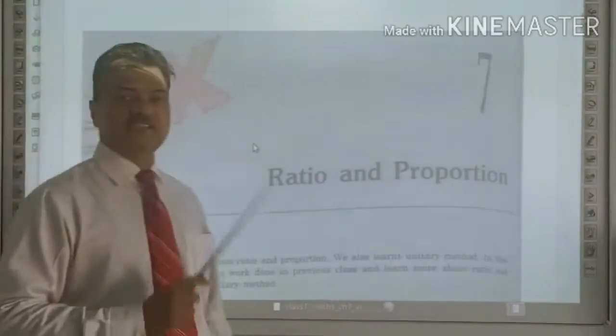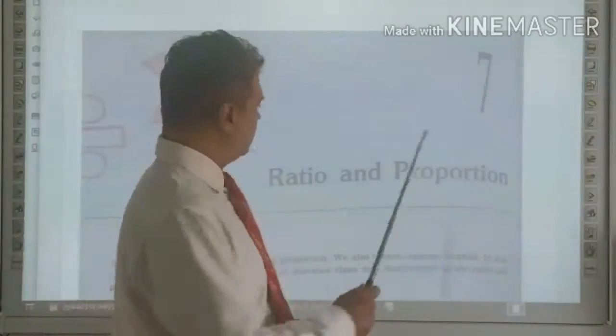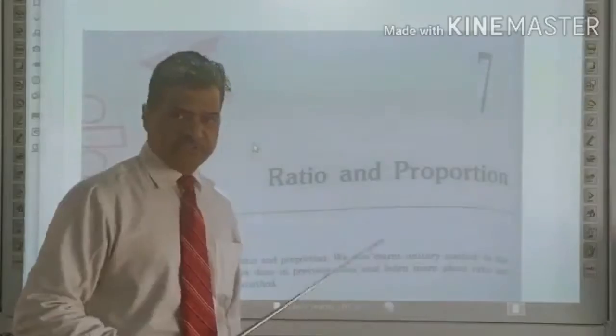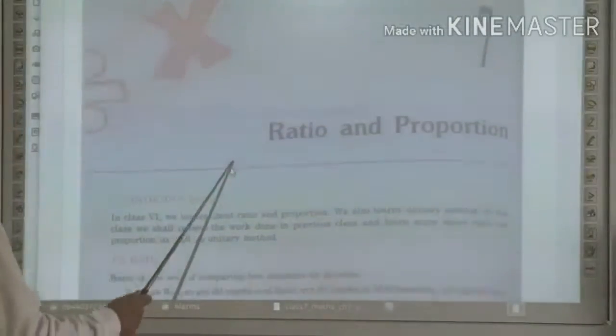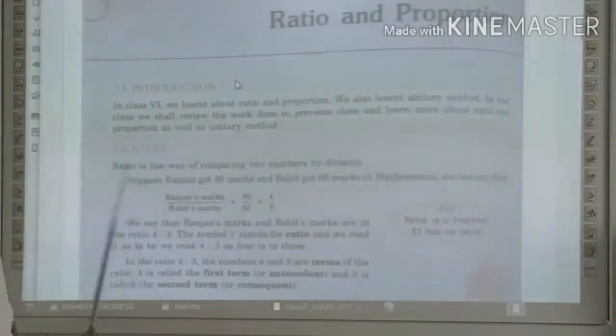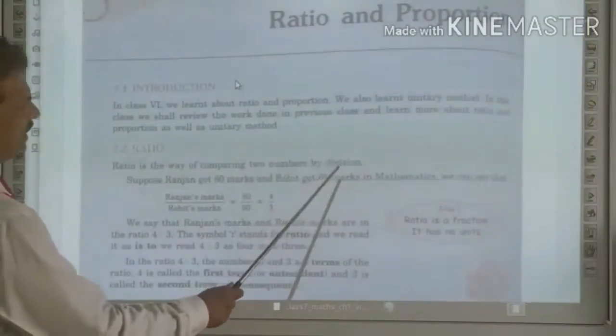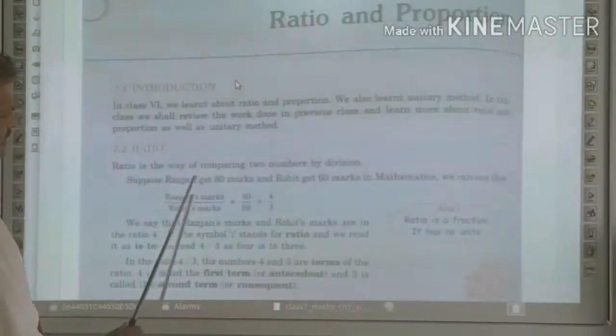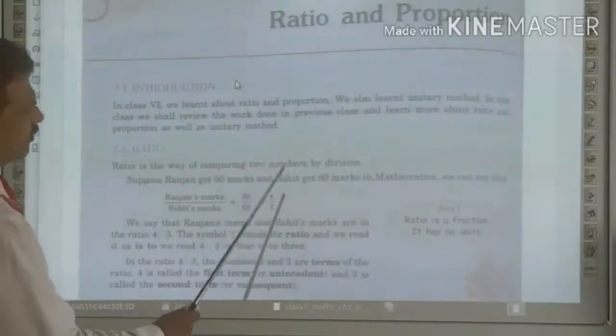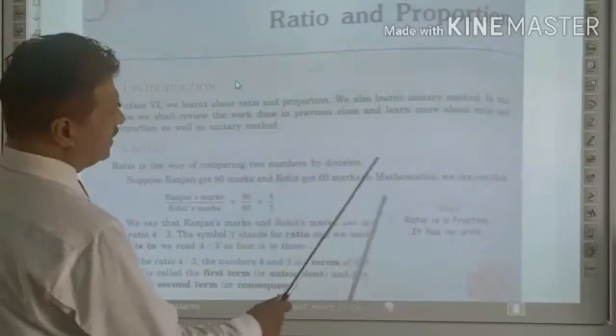This is chapter 7 of your book, Ratio and Proportion. Ratio is the way of comparing two numbers by division. Suppose Rajan got 80 marks and Rohit got 60 marks in mathematics.